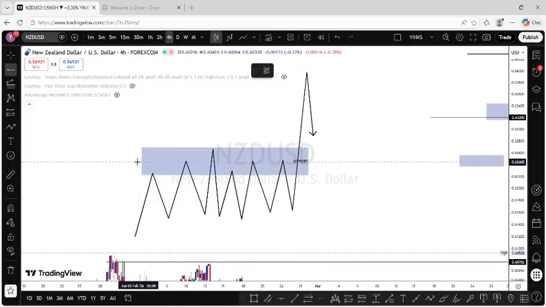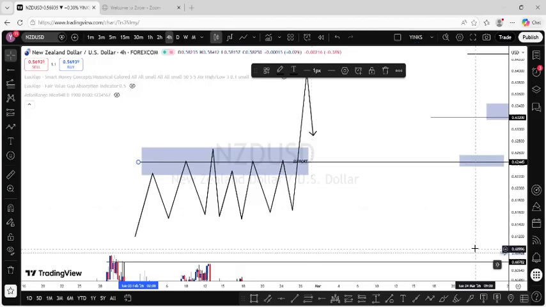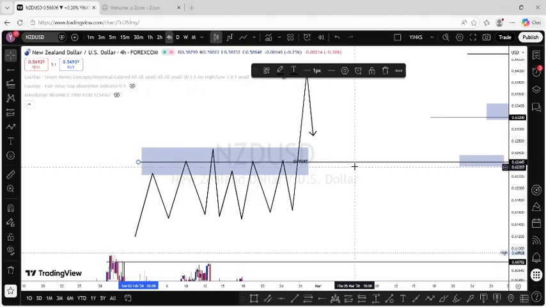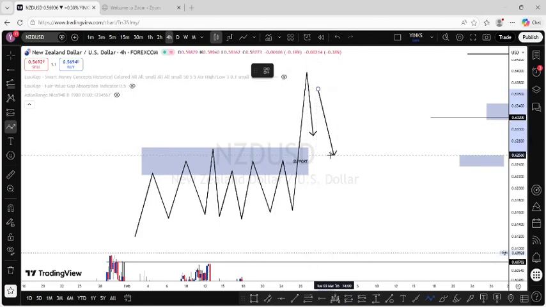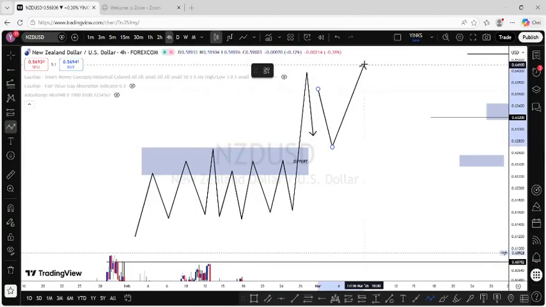I could have just put a line this way. Now, putting a line, you can see that I'm only able to identify a particular level, but not the whole area. So using a zone will help you identify the whole area. In the sense that whenever price drops to that area, price could use this first level right here to push up.